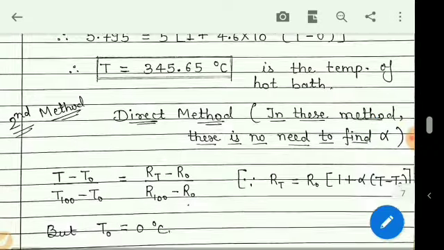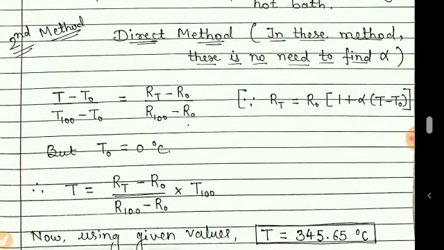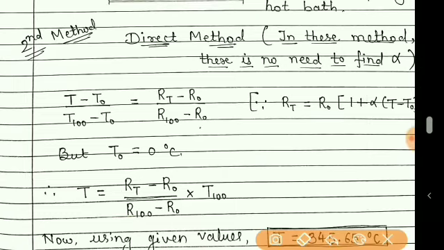In your textbook, a direct formula is used, but this direct formula can be used when we need not find alpha. Meaning if in an example alpha is not asked to find, then we can directly use this formula. So here in this example, if you read the statement, it is not asked to find alpha, so we can use this direct formula.